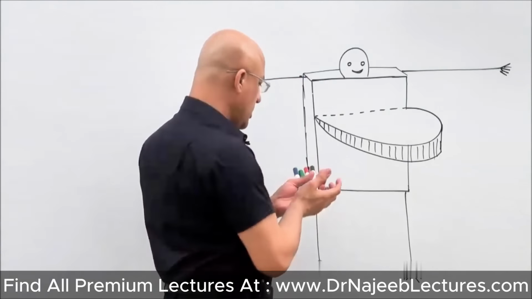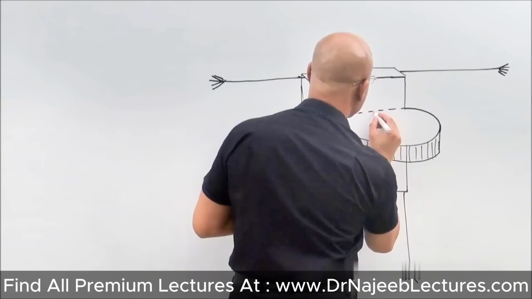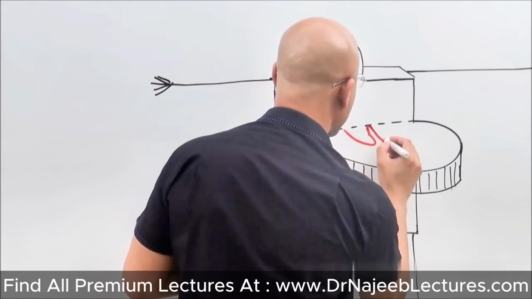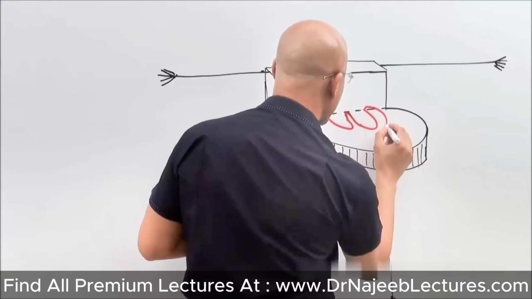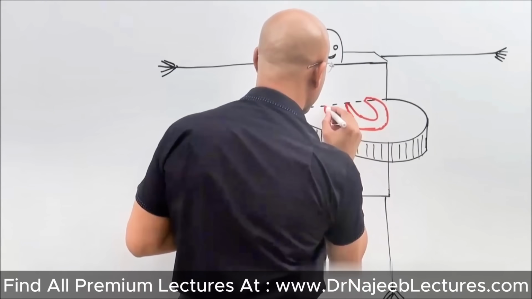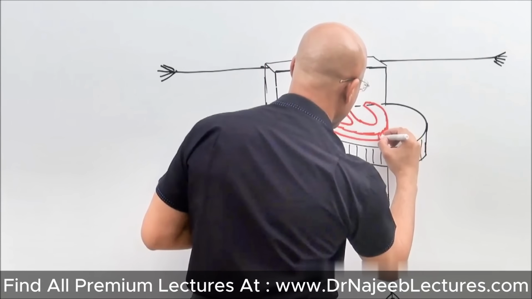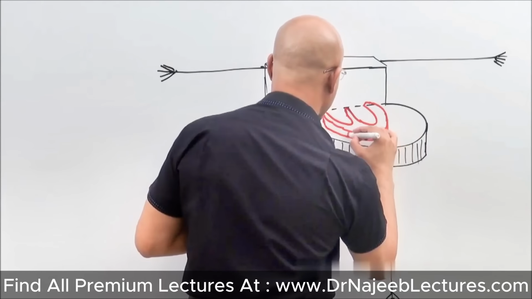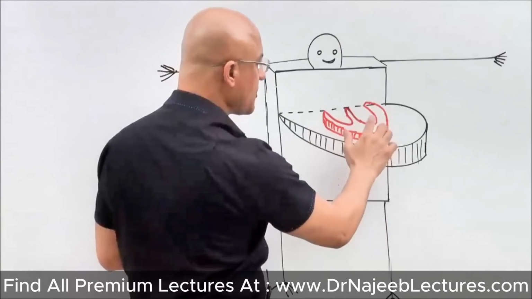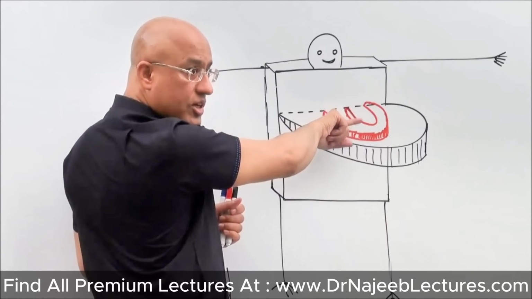Now, let me put the heart over here. This is a section of the heart I put over here, and this section of the heart is showing along the transverse plane.